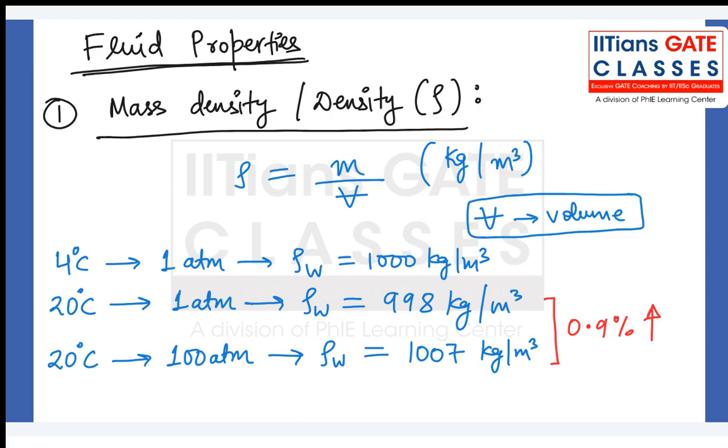See, if the change in density is less than 5%, you can ignore it. So that's what I want to tell you. In the case of liquids, if the pressure is changing 100 times, density is only increasing 0.9% in liquid water. So that's why liquids are always treated as incompressible fluids. You cannot change the density of the liquid.